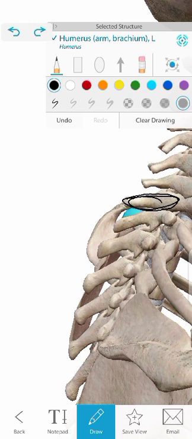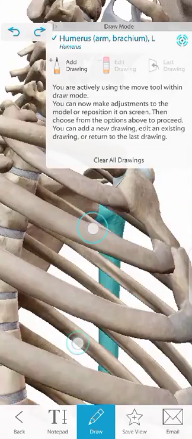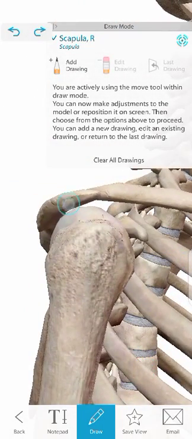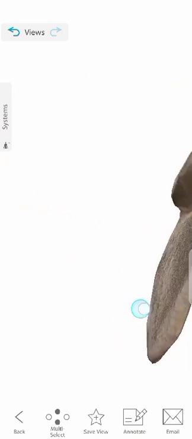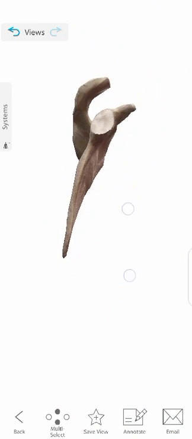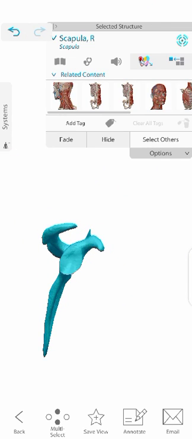So now the next two terms and we are done. So a process. Let's isolate this bone. There's a scapula. Isolating this bone, you can see this part of the scapula, this hook here.